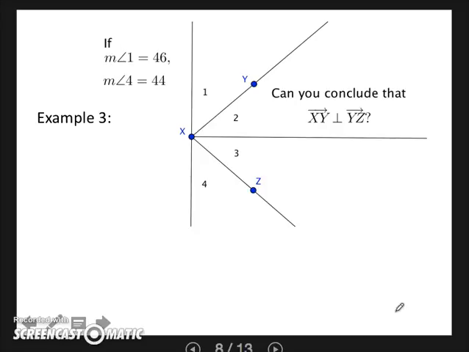Here's another example for you. Suppose we're told that the measure of angle 1 is 46 degrees. The measure of angle 4 is 44 degrees. Can we conclude that ray XY is perpendicular to, this is a misprint, this should be ray XZ.